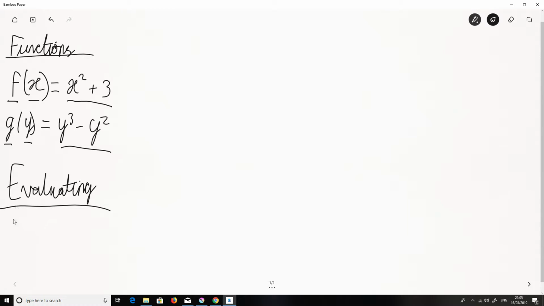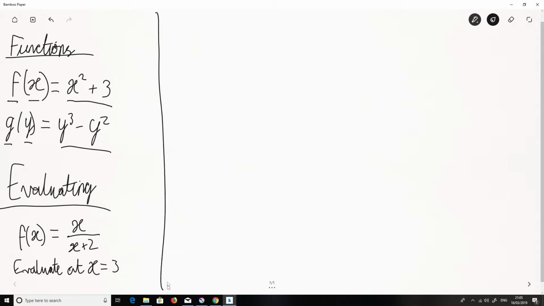So for example, let's say f of x equals x over x plus 2. Now we want to evaluate this at x equals, let's say, 3.